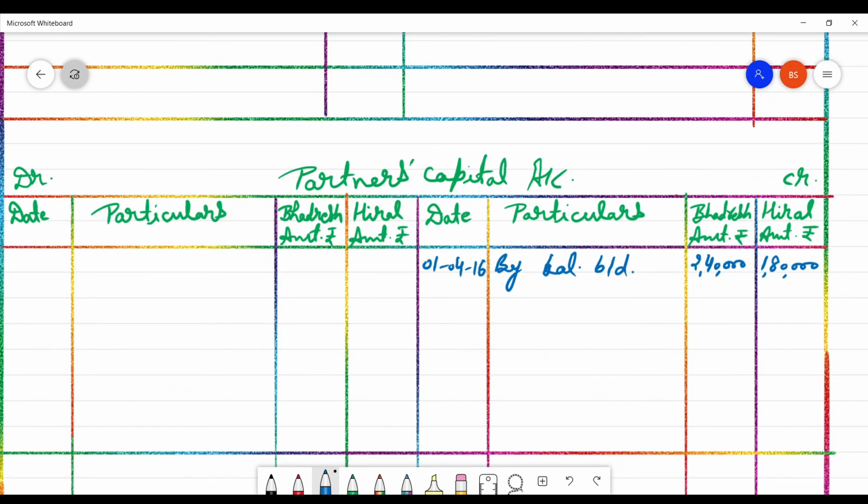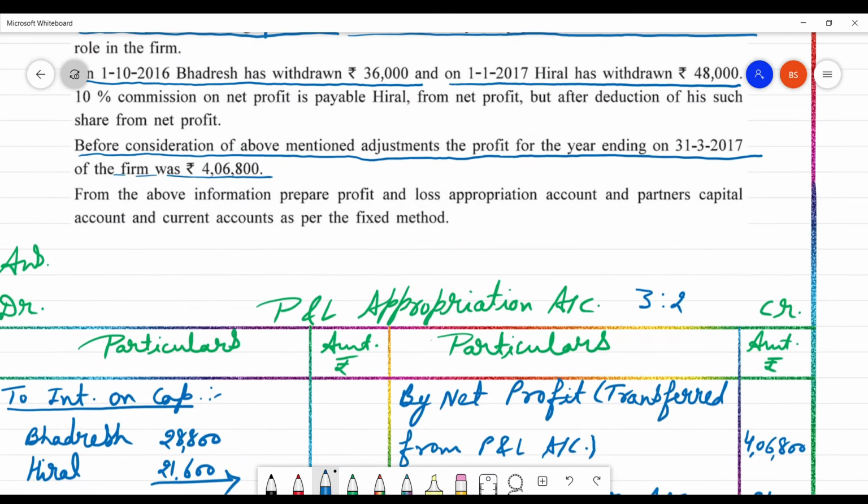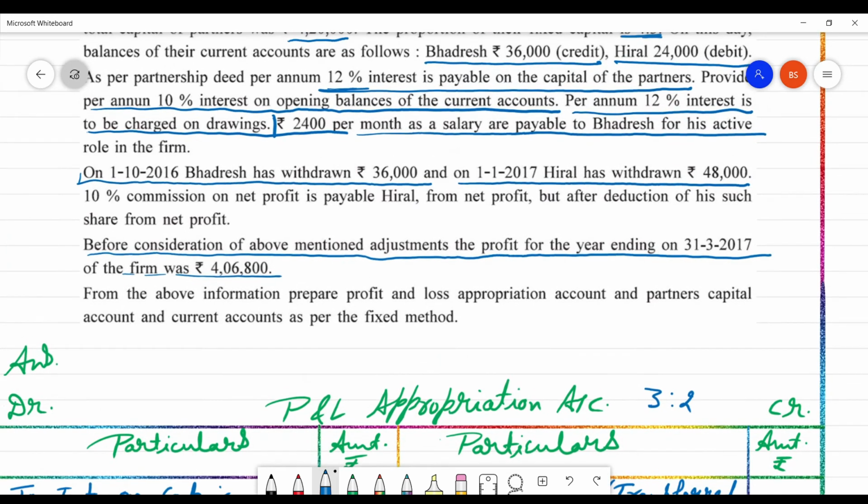Next we have to read what is given in the sum.